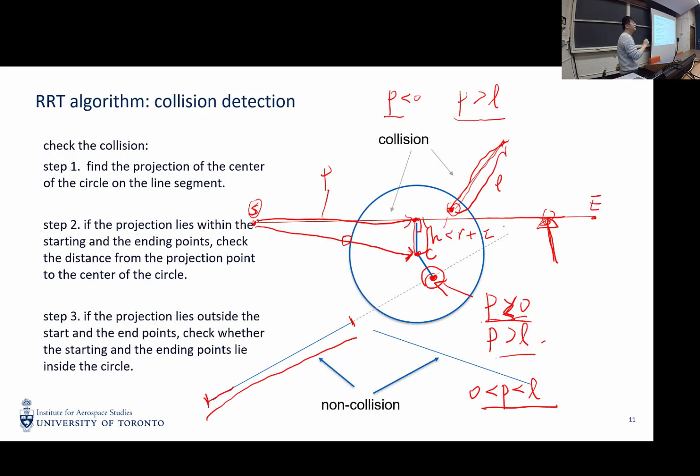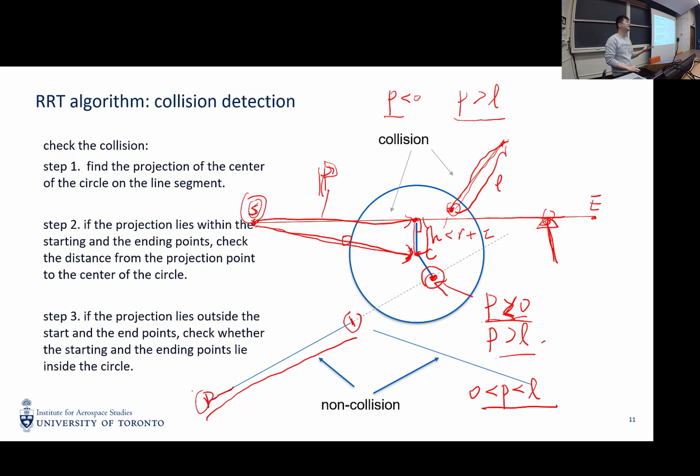First, you perform the projection of the vector starting from the starting node to the center of the obstacle onto the newly generated step. And then you check the projection P. If P is less than 0 or greater than the length of the entire step, then you check the starting and end points.